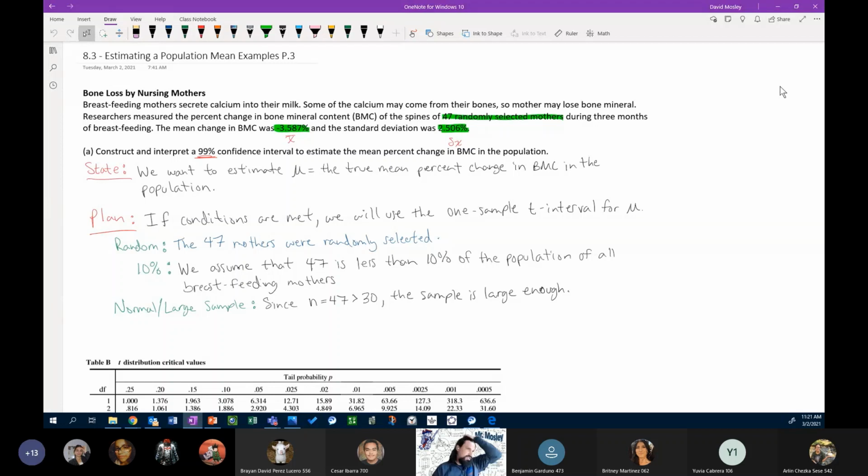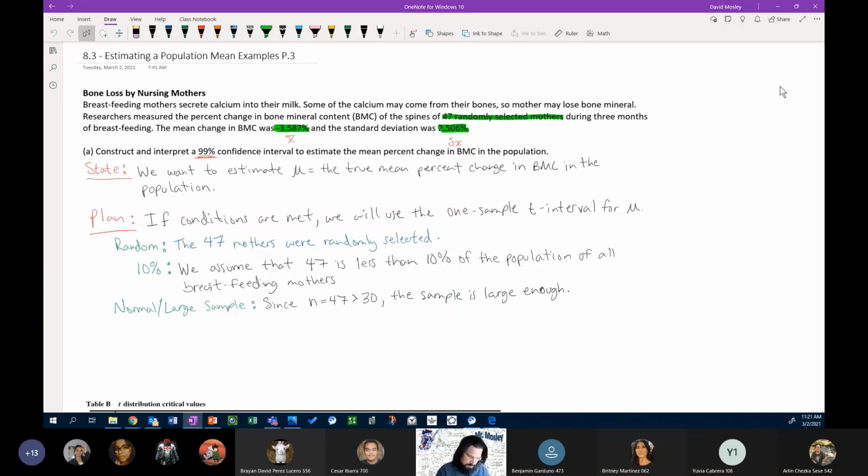So we can use our t distribution. So we've checked our conditions, right? We're done with the plan phase. Right, so now we move on to the do phase.